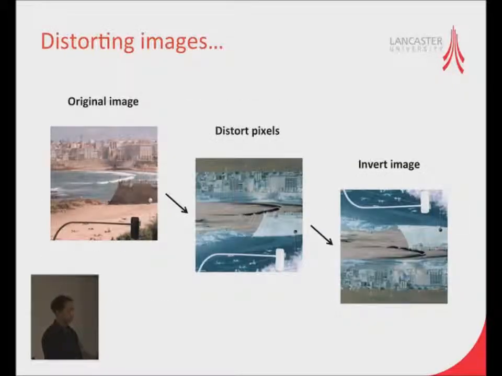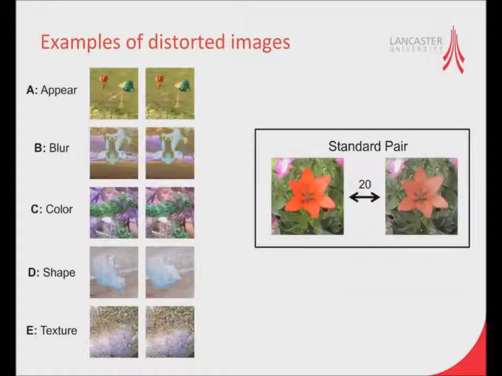Okay? So the way I did that was to alter the images. I took the original image, I distorted the pixels, and I inverted it just to remove the content, to make it more difficult for observers to see what the contents were. In this case, these are just distorted versions of the previous ones that I've shown you.